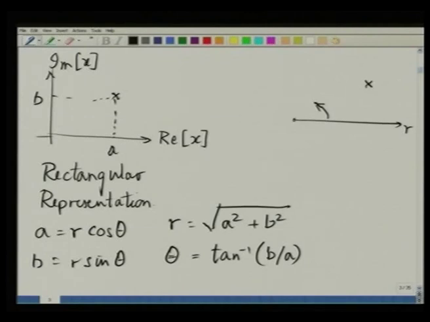Its location on the plane would not change, but it would now be represented by two numbers, namely this angle, which is theta, and this length, the length of this radial line, which is r. So, this r and theta would be given by this equation as well as this equation for r and theta given below.